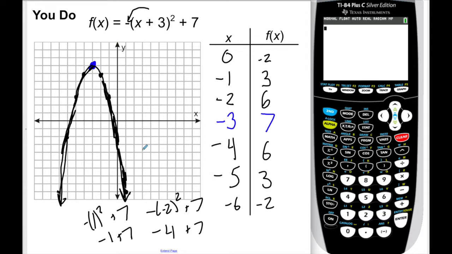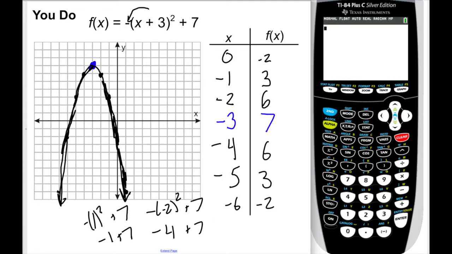In this case, we did get lucky. If we had gone -1, -2, -3, -4, -5, -6, we could have gotten there. But think about how you can save yourself time here by starting with the vertex and thinking about how you use the symmetry. Those are really big takeaways for this unit, okay? So if you need to, please go ahead and review anything, and then in a moment I will move on to the next problem.